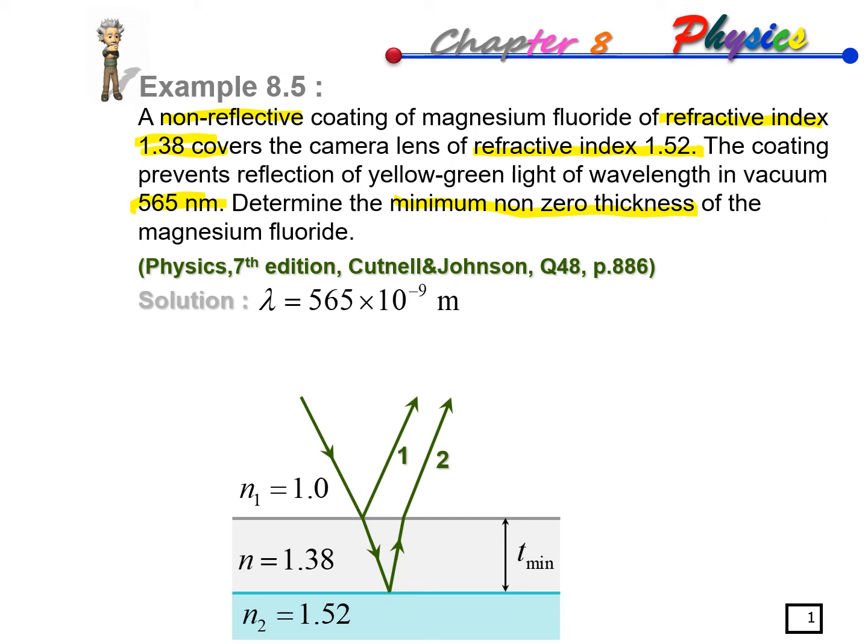To aid us, we can draw a ray diagram, which will be much better. From the ray diagram, this is your incident ray. Once your incident ray hits the surface, it is partially reflected and partially transmitted.